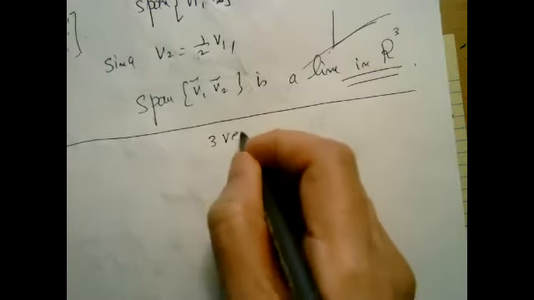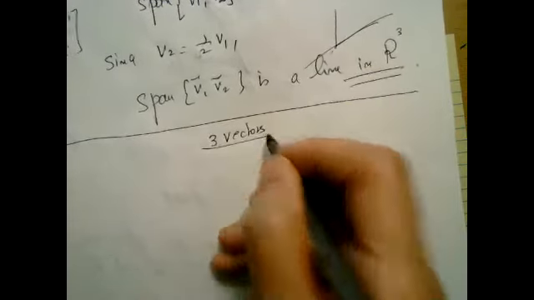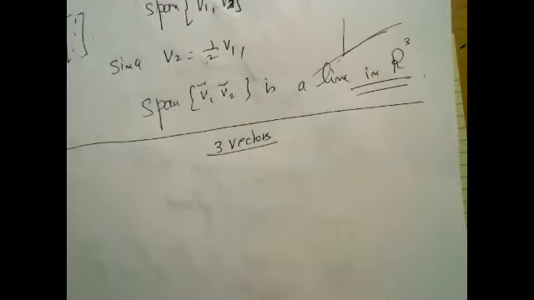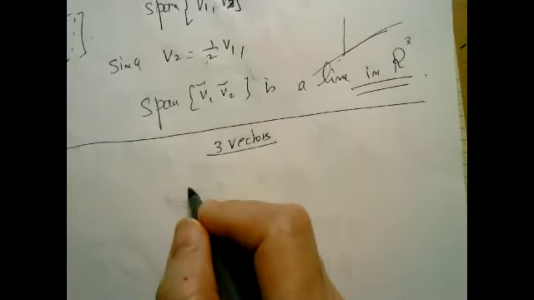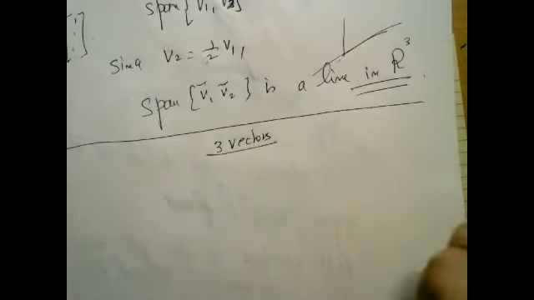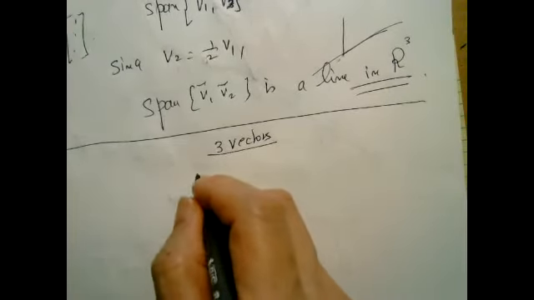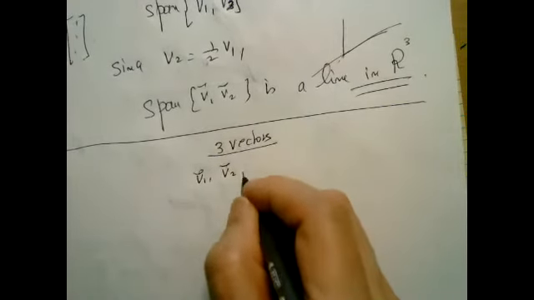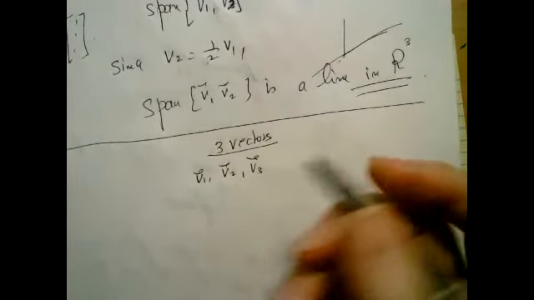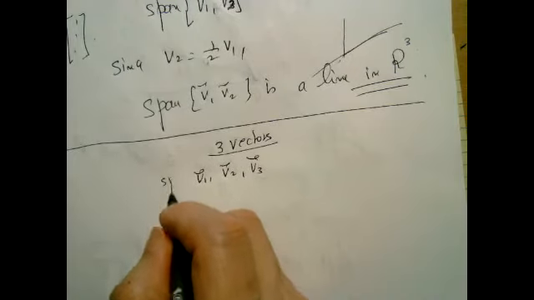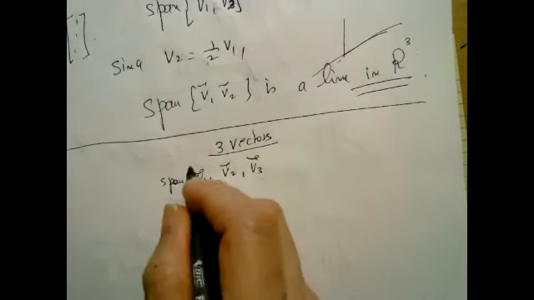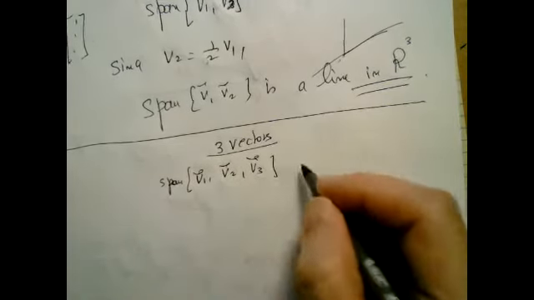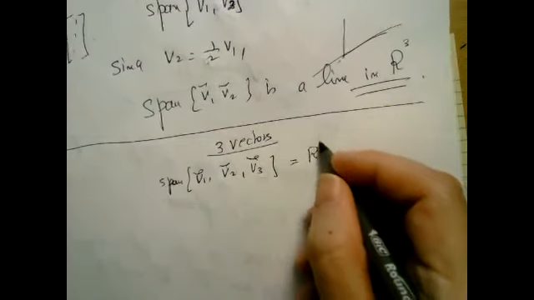But let me ask you a question here. Do you think, if I take three vectors in R3, and I start combining them just by intuition, I'm going to get everything in R3 necessarily?